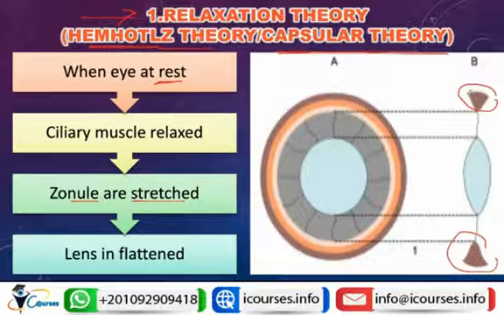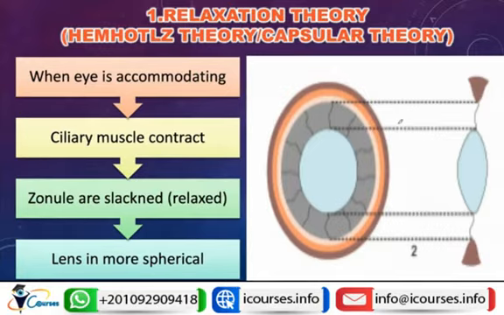Again, when the eye is at rest, the ciliary muscle is relaxed and the zonule are stretched so that the lens is flattened. But when the eye is accommodating, when it's seeing a near target, look what happens. The ciliary muscle contracts so that the zonule are slackened, which, as I said before, means that they become relaxed.